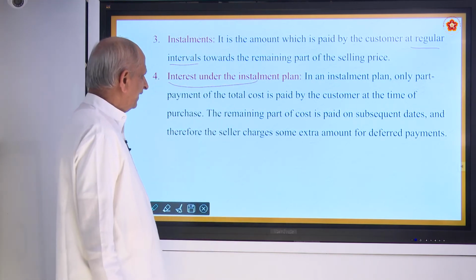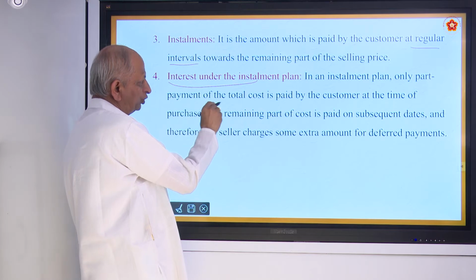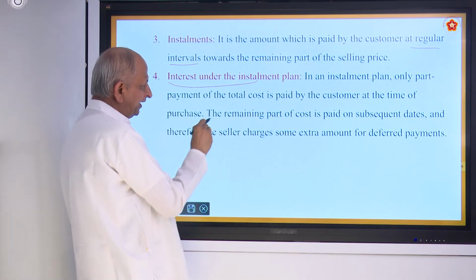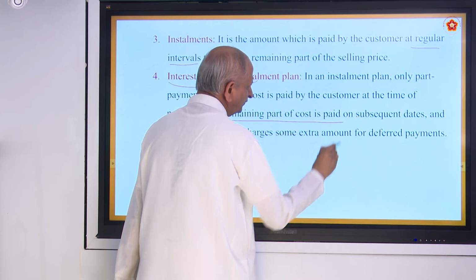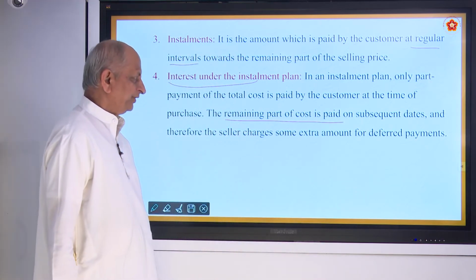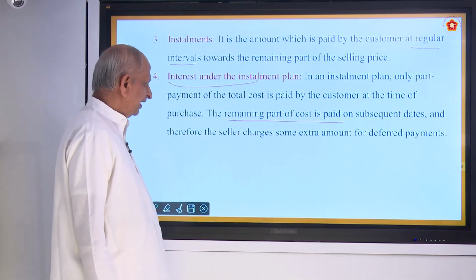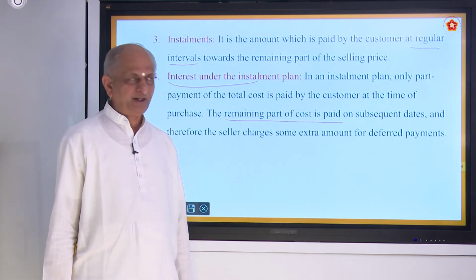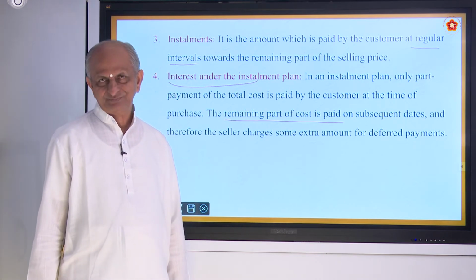In the installment plan, only part of the payment of the total cost is paid by the customer at the time of purchase. The remaining part of the cost is paid on subsequent dates, and therefore the seller charges some extra amount for deferred payment.